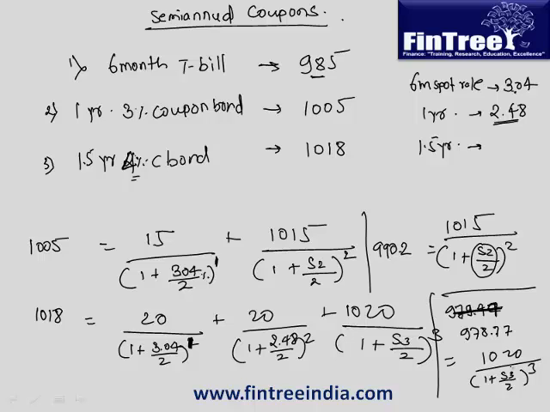Compute I/Y. This I/Y is a 6 month rate multiplied with 2, because we wanted annual. Don't multiply with 3. Multiply with 2. How much? So this is your 1.5 year spot rate.